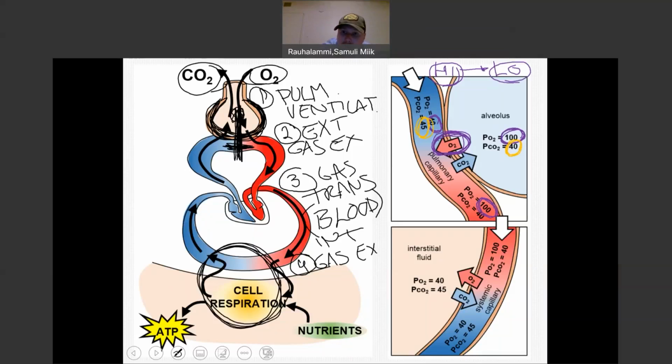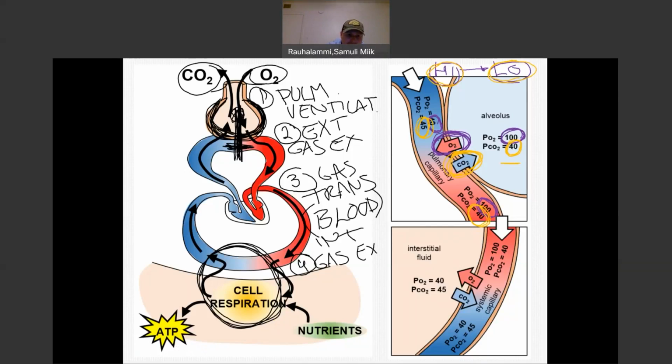So we're moving from areas of high concentration to areas of low concentration, from the blood in the pulmonary capillary to the lungs, and that then gets breathed out. So as a result, once the blood has passed the pulmonary circulation, we have brought down the carbon dioxide concentration in the blood to the same level that it would be around us in the air. So that's our pulmonary exchange.